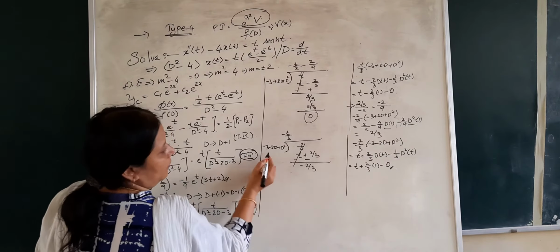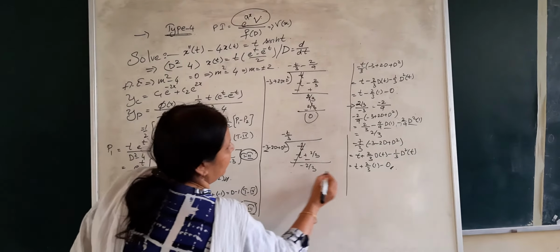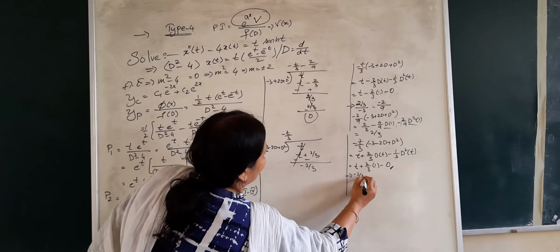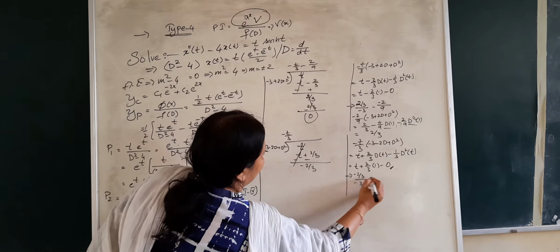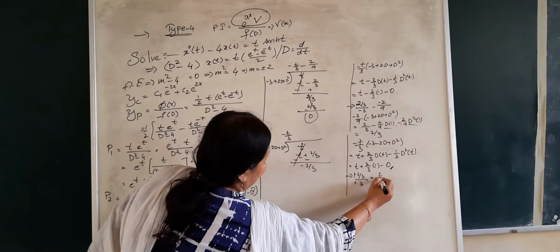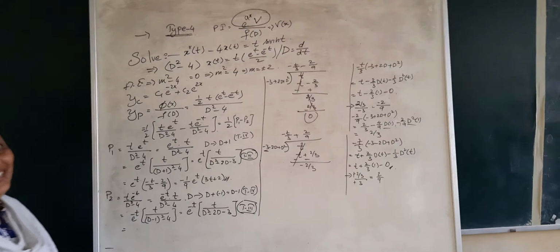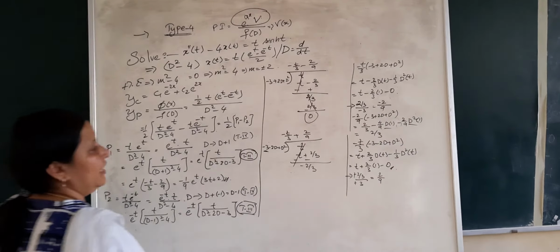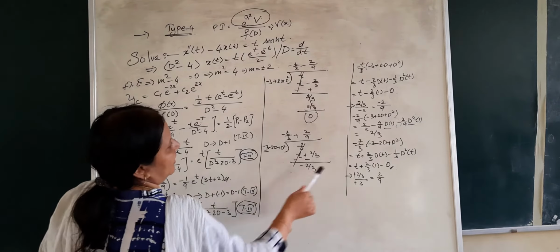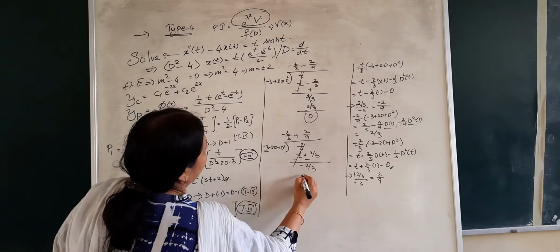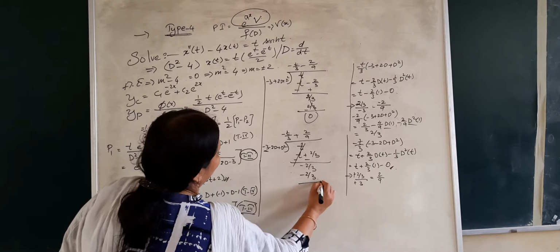Again, first term divided by the first term. There is only one term anyways. Minus 2 by 3 divided by minus 3, the negative sign gets cut, 2 by 9. Positive 2 by 9 is the second term in our quotient. Now multiplying 2 by 9 with all these three terms, just as we performed here, we get just minus 2 by 3 as it is.